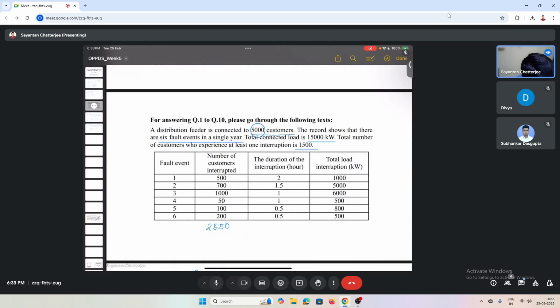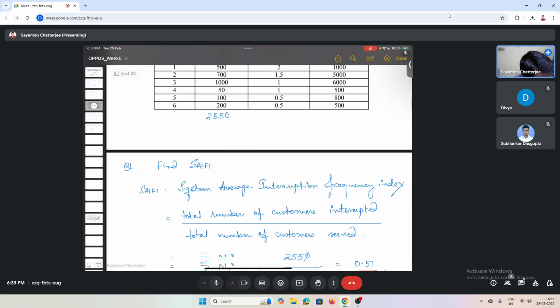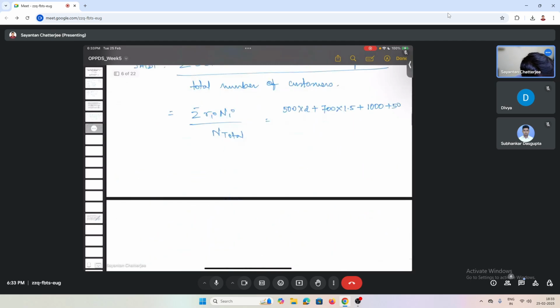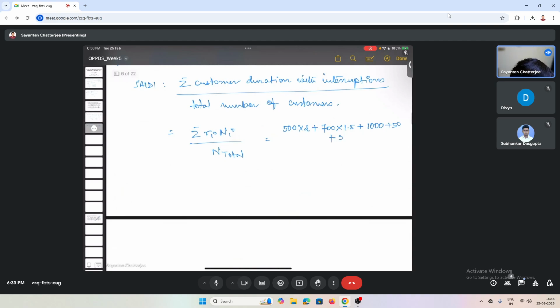Then 100 into 0.5 means 50 and 200 into 0.5 means 100. So 50 and 100. And the denominator will be the same, 5000. So it's 1000 plus 1050, plus 100, 1200, 2200.